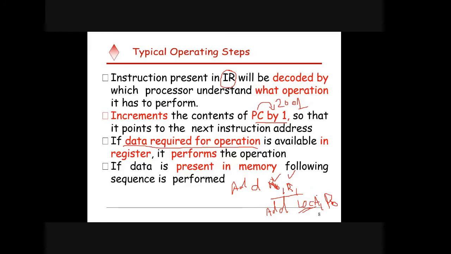That is not present inside the processor. R0, R1, R2, all those general purpose registers are available inside the processor. But location A is coming from the memory unit. So what should I do? I should go to this location A address in the memory, fetch the operand present inside that location, and take it into the processor. So that is the part.